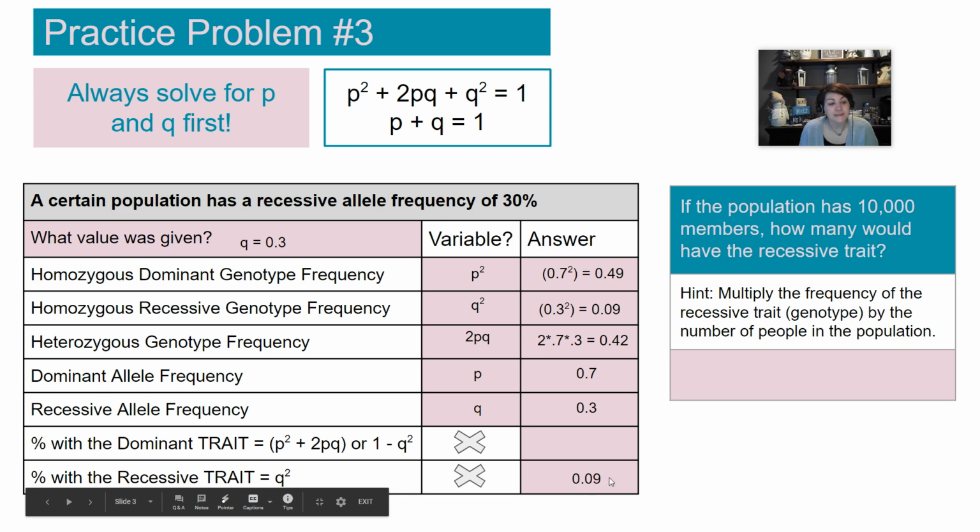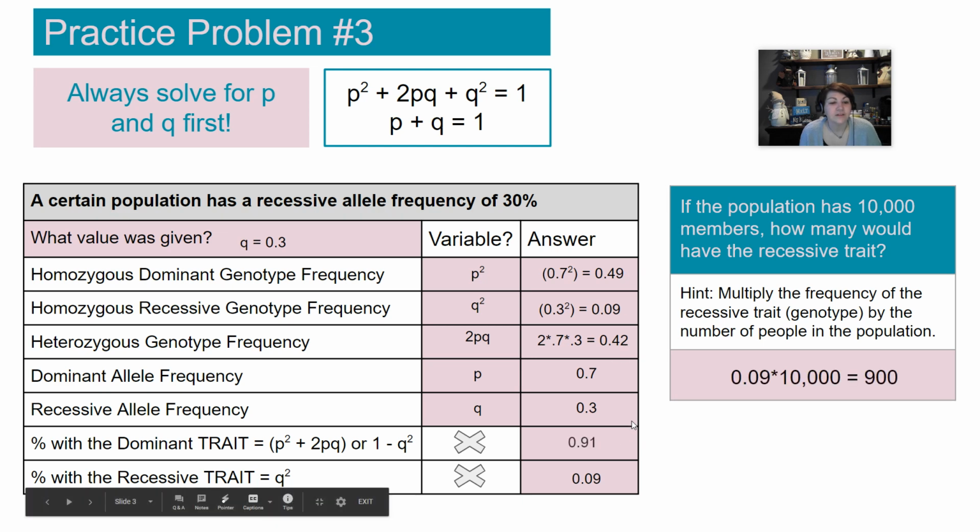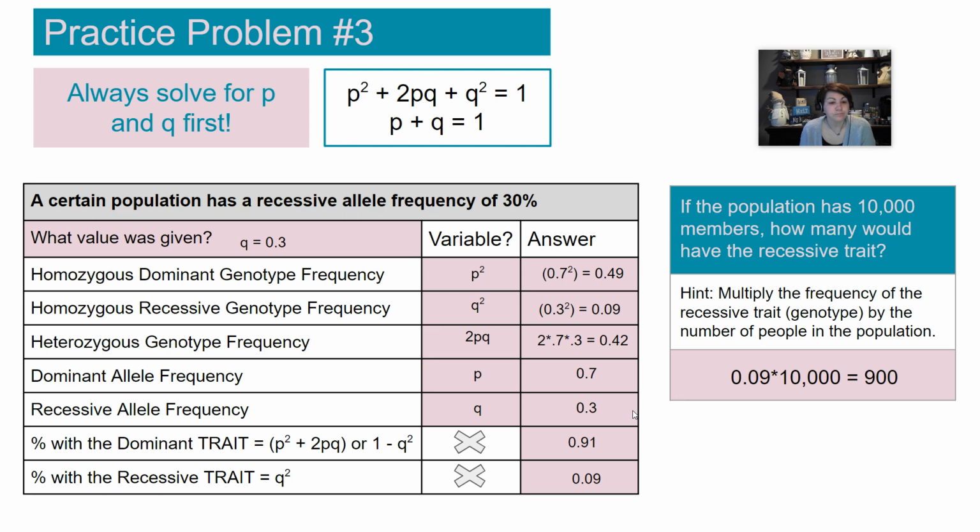Well, my dominant trait is equal to the other 2 genotypes, P squared plus 2PQ. So you could add P squared 0.49 to 2PQ 0.42, and you will get your total, which would be 0.91.